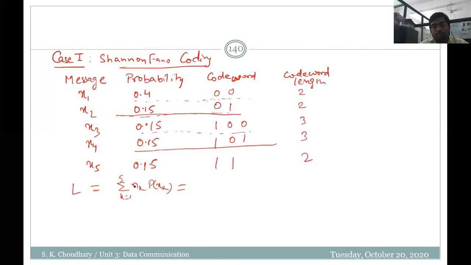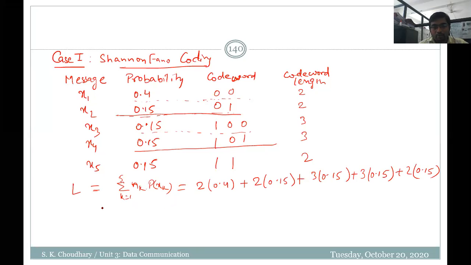This is the number nk according to the value of k, and p is the probability. The first one is 2, and the probability is 0.4, plus 2 times 0.15, plus 3 times 0.15, plus 3 times 0.15, and the last one is 2 times 0.15.